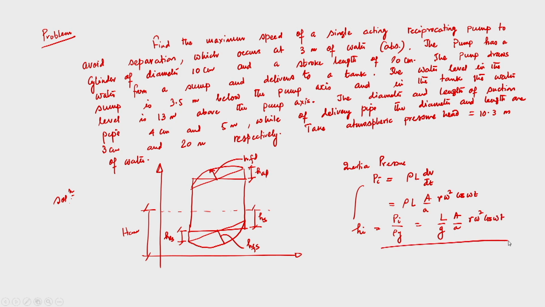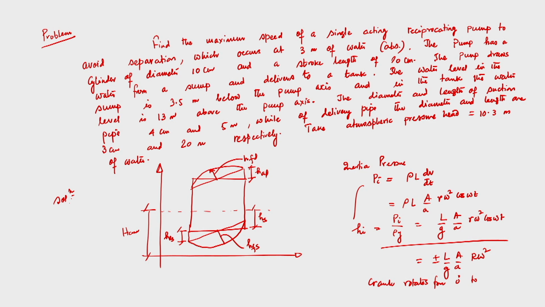This is very important. It will be plus minus sometimes, so basically it will be plus minus L by g, A by small a, into R omega square. It is plus minus because the crank rotates from 0 degree to 180 degree.